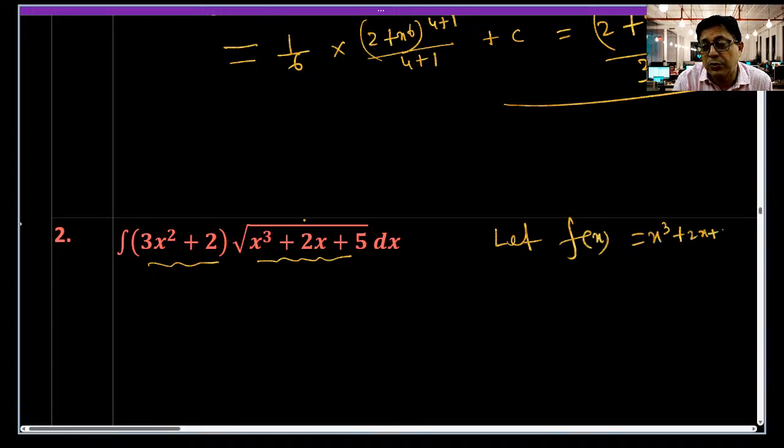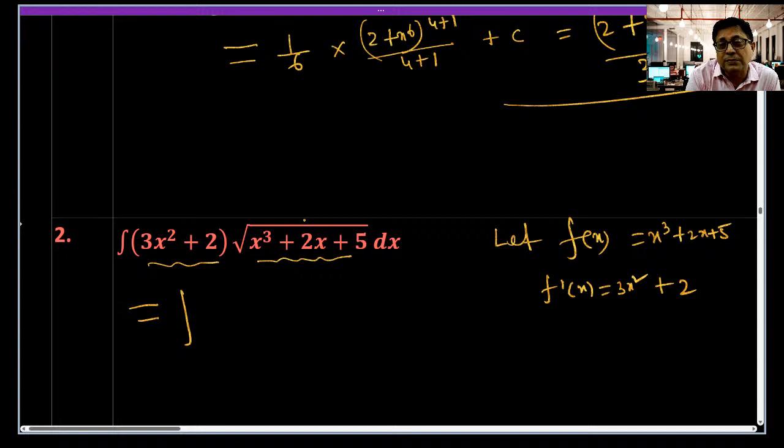x cube plus 2x plus 5. Then f'(x) is what? 3x square plus 2. So this you write in the form, what? This you take first, f(x) to the power half, into f'(x).